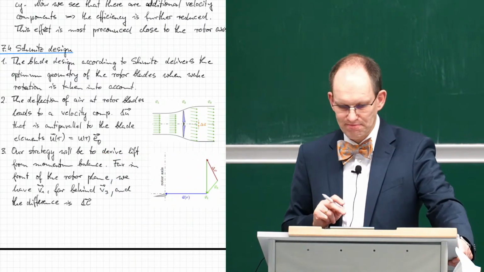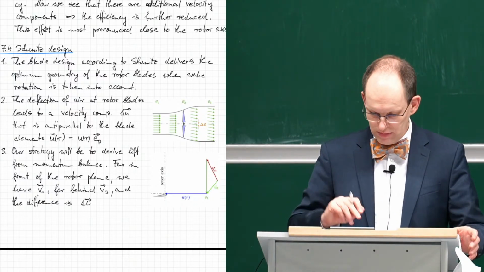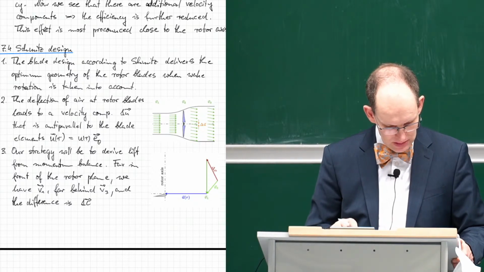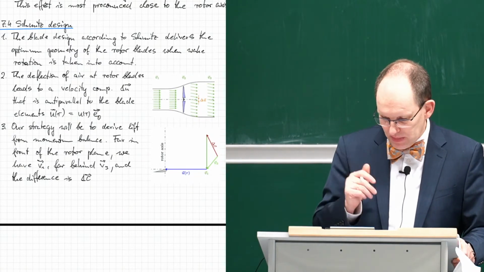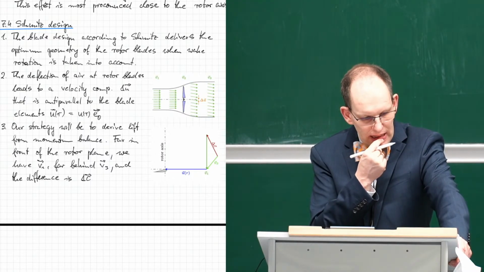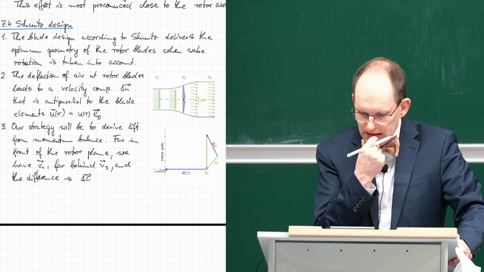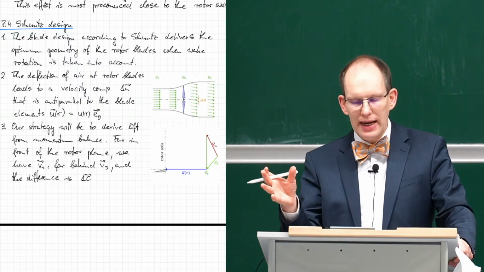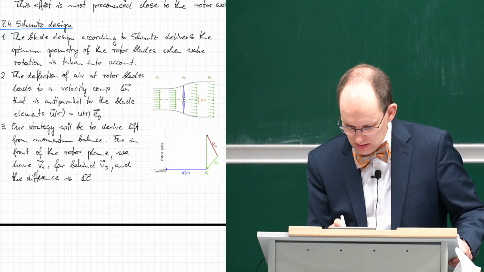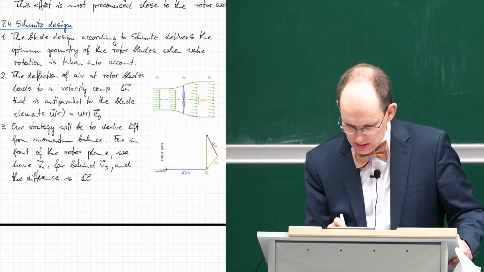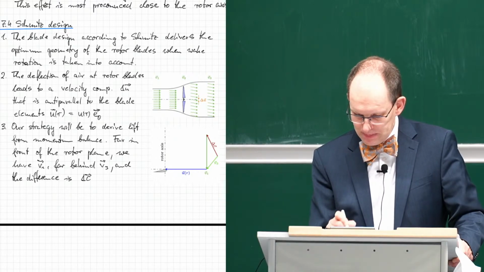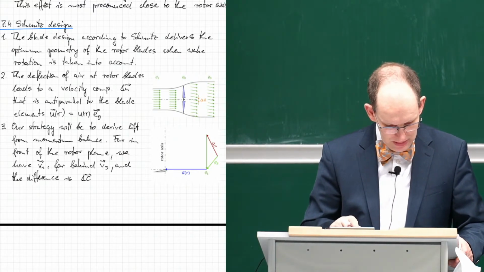Just vector addition, nothing has happened. So now the point is that this delta C can also be related to the wind conditions, to the relative speeds here, and this is what we'll do next.